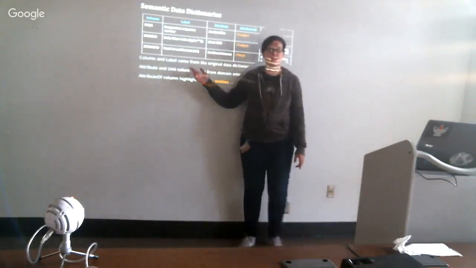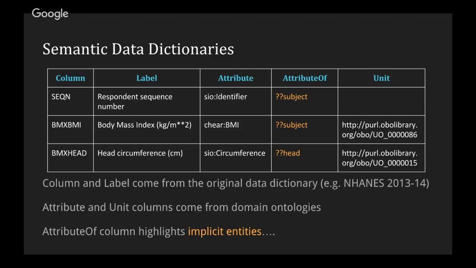So this is more examples from NHANES. You have your respondent sequence number, the body mass index, and the head circumference measurement. These first two columns would come directly from the regular traditional data dictionary, just the human readable label with the code label. We can also add in the information that the sequence number is an identifier. It might be the first thing on the line, but we're not measuring a number. That's just the number used to uniquely identify the individual who is the subject of that row.